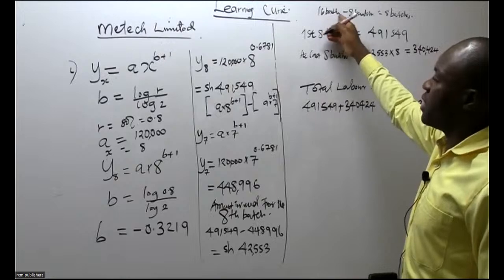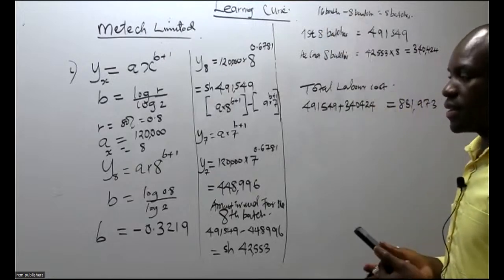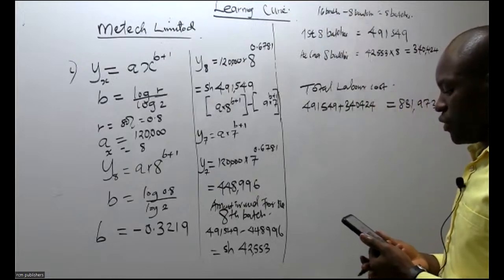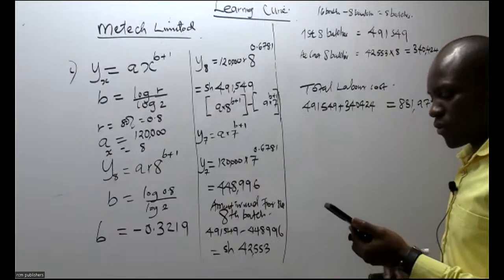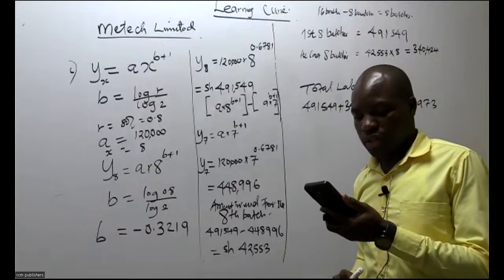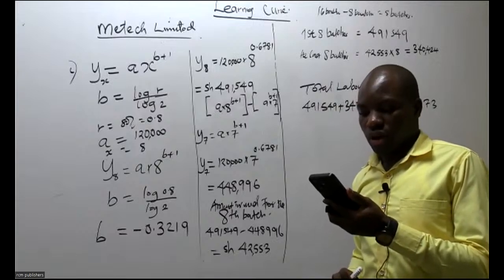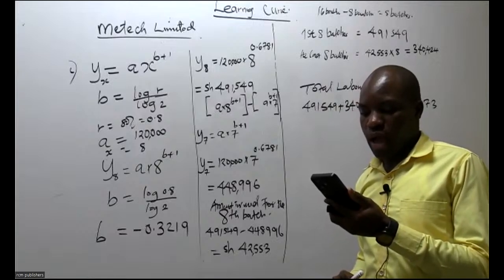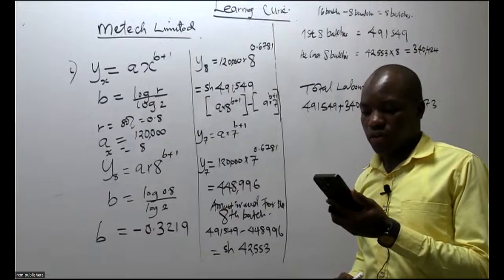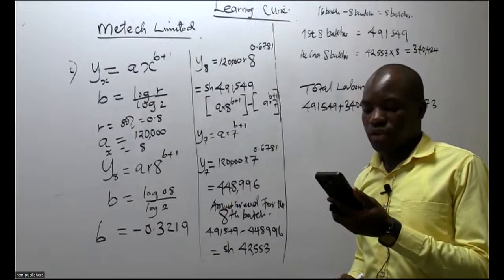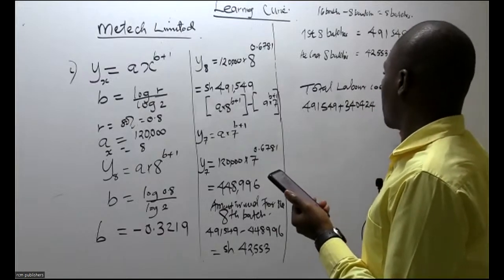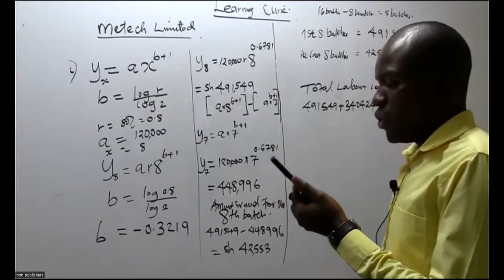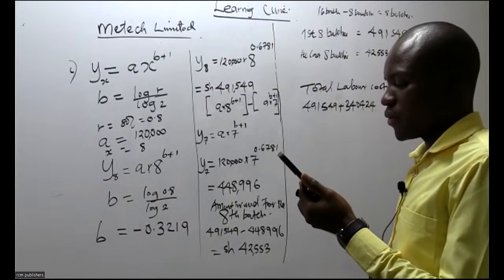And remember, these 16 batches have got how many units? 16,000 units. So what do they want us to do there? We are being told the required contribution to be earned from the product over its useful life. So we've incurred this amount as the labor cost. Do we have the material cost?